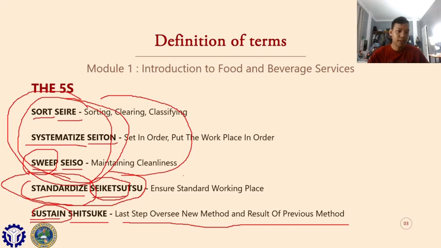Okay, so they make sure that everything is in order. The sustain is thinking about what's the best for the future. Okay, this is open for changes for the improvement.